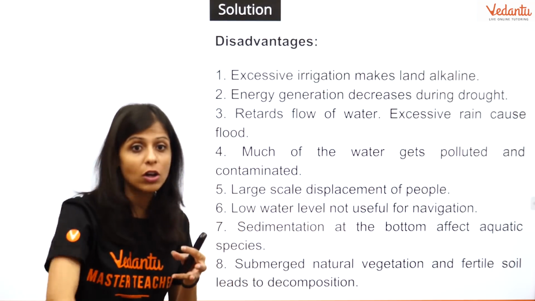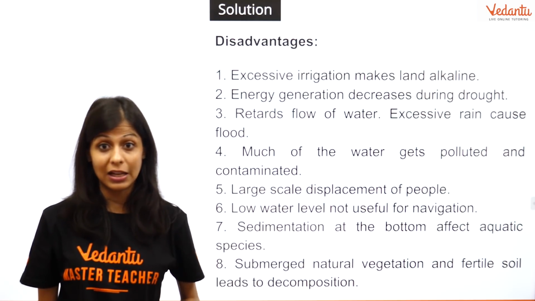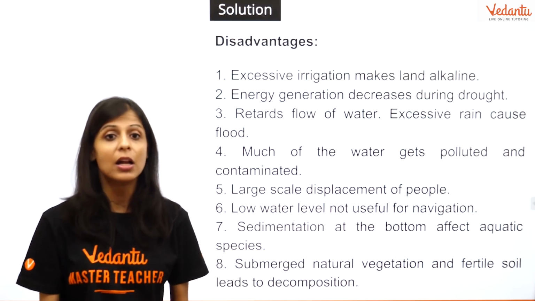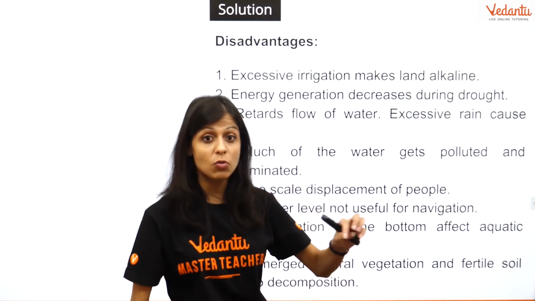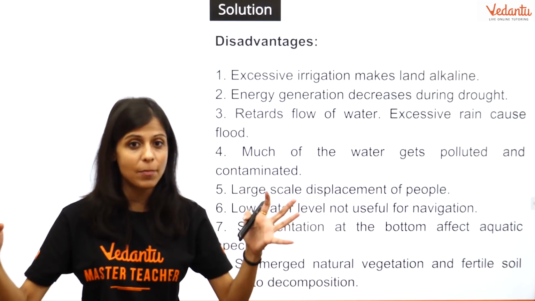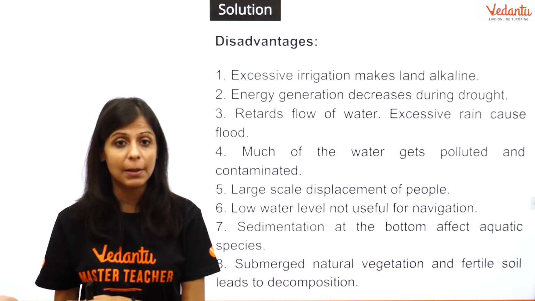We have to throw water from quite some height, so that contamination creates a lot of polluted water. Then, because we have to construct those big multi-purpose projects, it leads to large scale displacement of people.